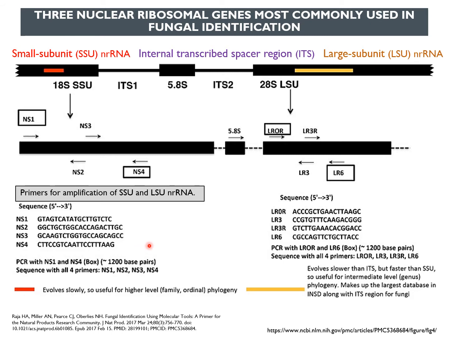When you use NS1 and NS4, it will generate a PCR product of about 1,200 base pairs.